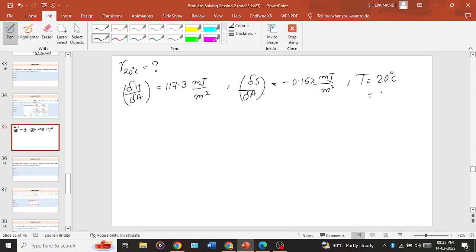So we may convert the temperature to Kelvin, which can be written as 293 Kelvin.